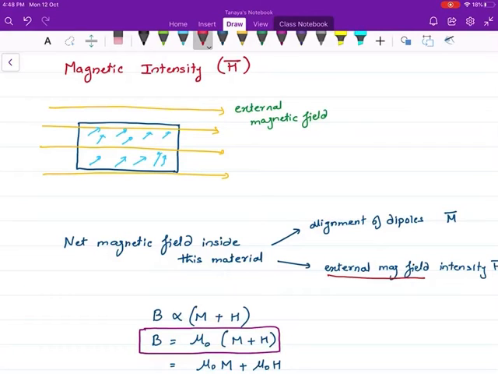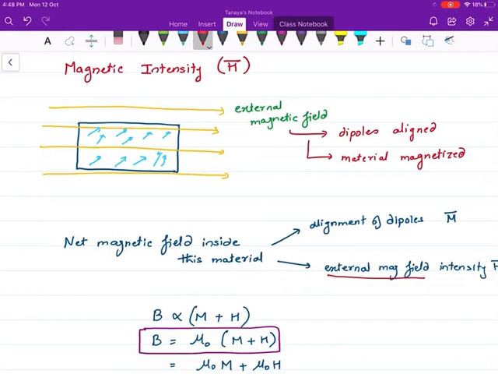I have applied this external magnetic field, and because of this the dipoles have got aligned and the material has got magnetized. Material is magnetized, is it not?